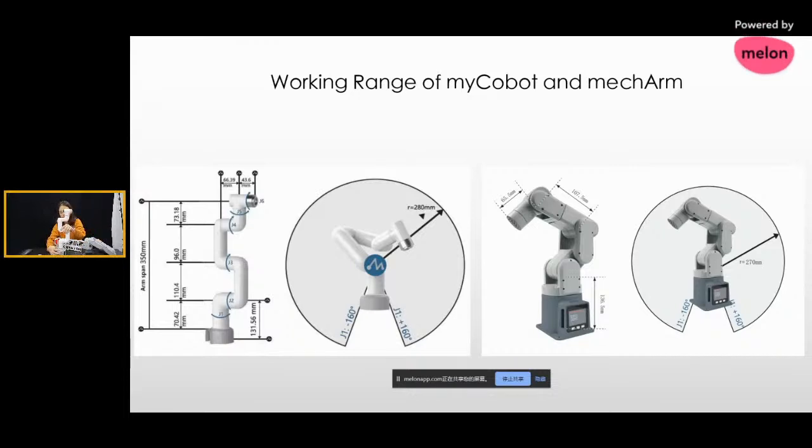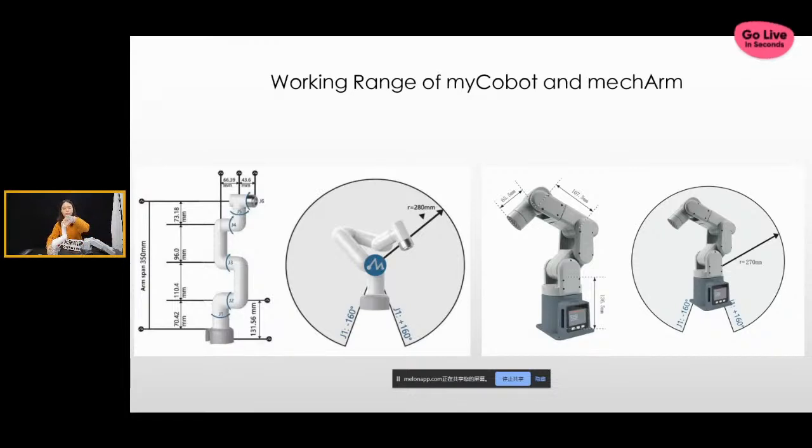And here, this one is the UR structure. You can see that the working range is a little bit bigger, and it is relatively flexible because the rotate joint angle is bigger than the mechArm.